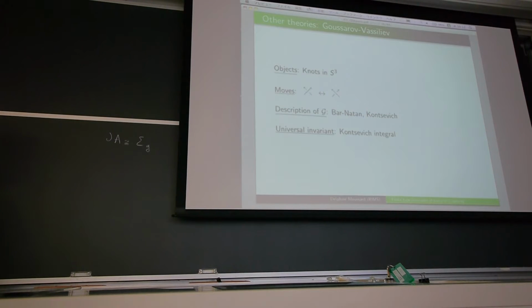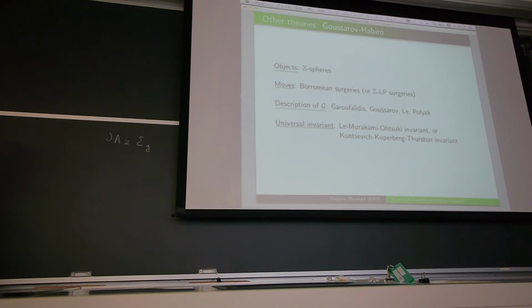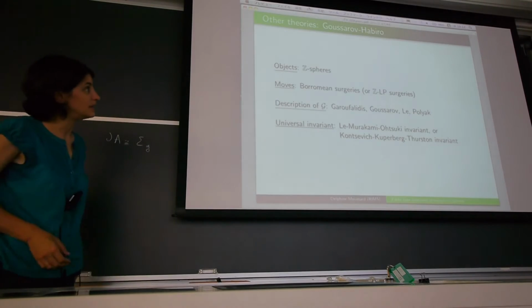So after that, different theories of finite type invariants have been defined for three-dimensional manifolds. The first one, historically speaking, is due to Ohtsuki and concerns integral homology spheres. So other theories have been defined, and the one which will be important in my talk is due independently to Goussarov and Habiro, and it can be defined for any three-dimensional manifold, but it has been widely studied for integral homology spheres.